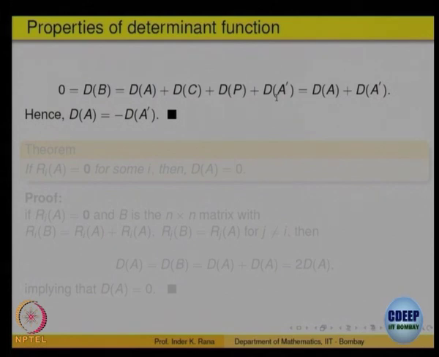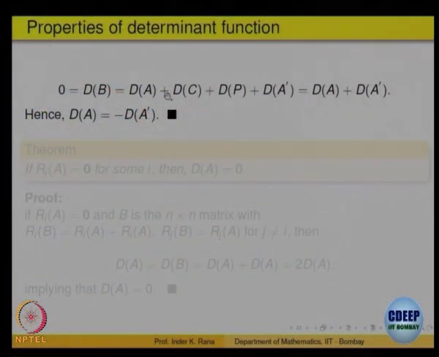Why is that? At the ith place Ri plus Rj, at the jth place also Ri plus Rj. So, how many linear combinations will come? ij, ji, ii, jj: 4 will come. A is the original one, C is ii, P is jj, identical, and A dash is where i and j are interchanged.